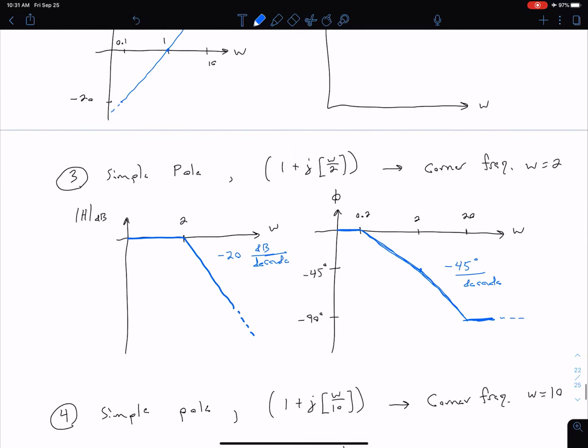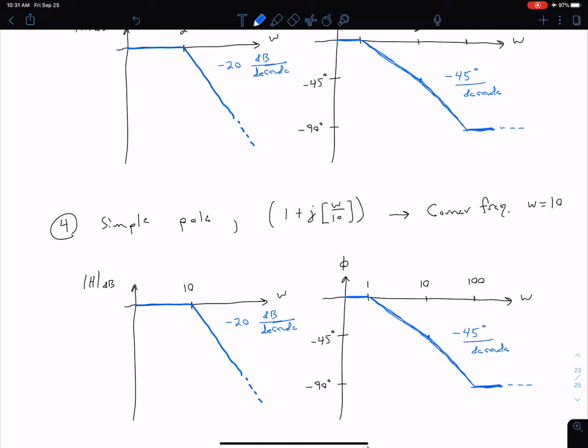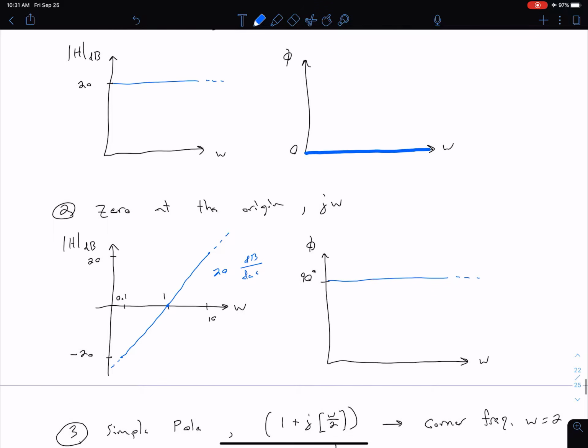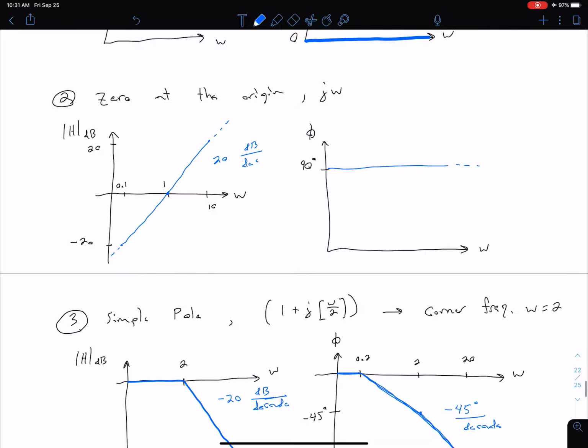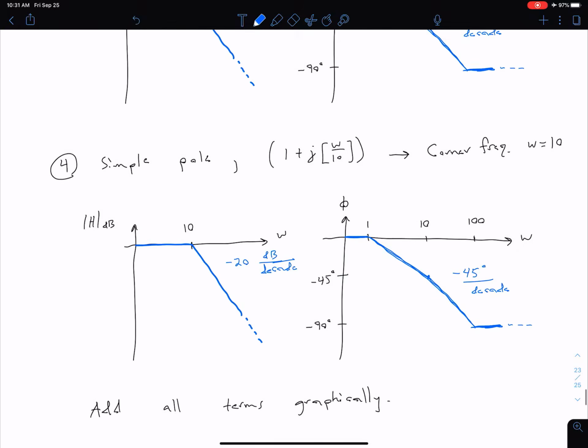That is going to continue until we get to this third key frequency of 10. At 10, we now have this constant 20, which we've already accounted for, positive 20 dB per decade, negative 20 dB per decade, and now we add another negative 20 dB per decade, which means we're going to be decreasing at a net negative 20 dB per decade.